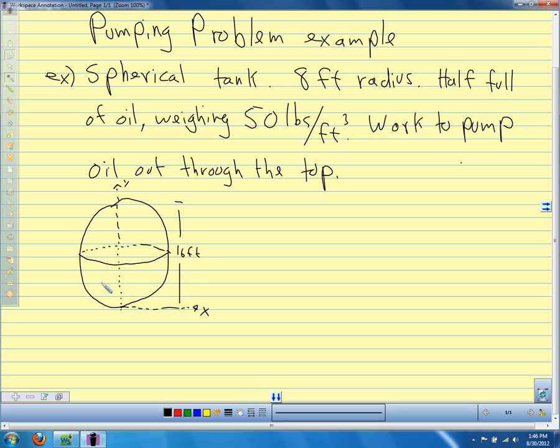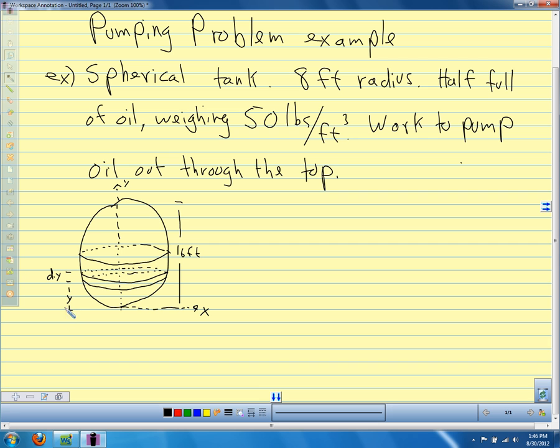If I put a little representative layer of liquid here, so here's my little layer of liquid in the tank, the height of this representative layer is going to be y. The thickness is, I'm going to call it dy. You can call it delta y if you want.